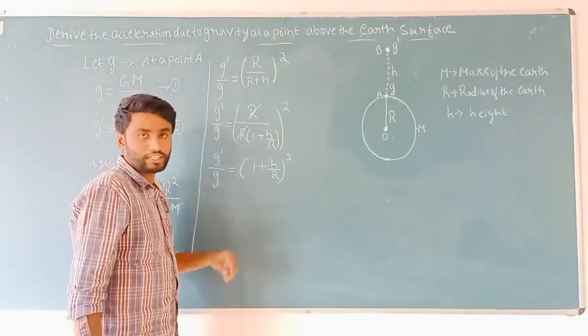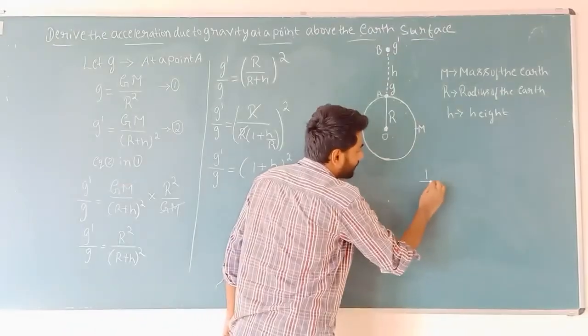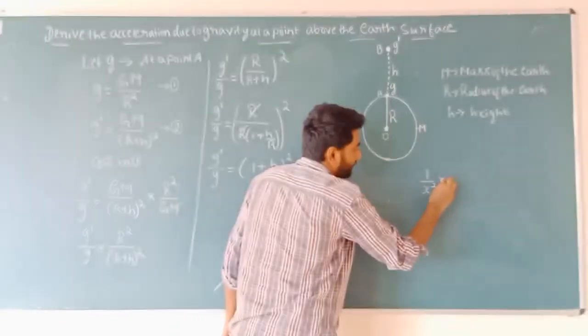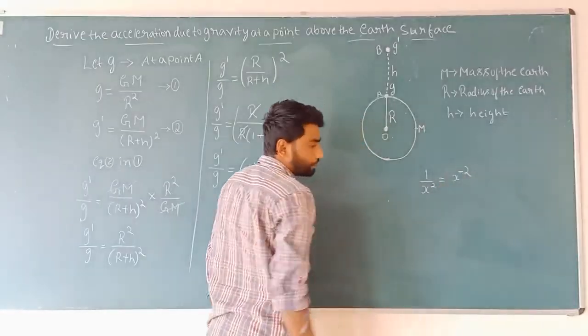So this can be written in another form: 1 by x square can be written as x power minus 2.